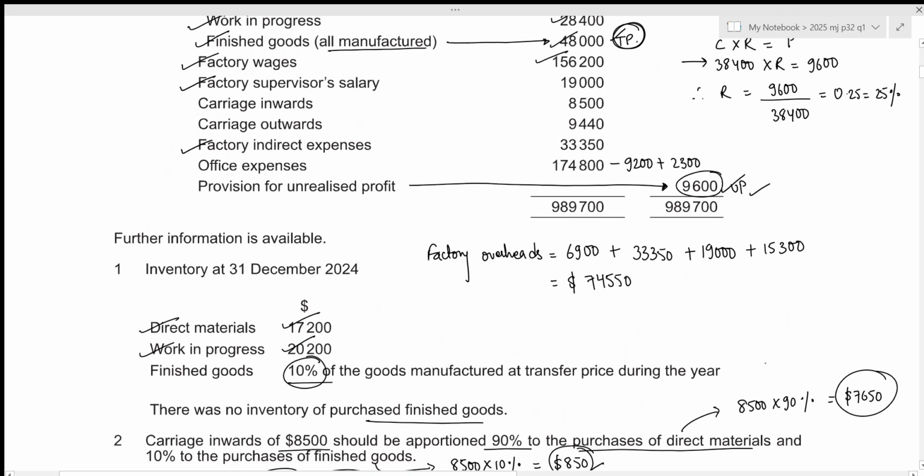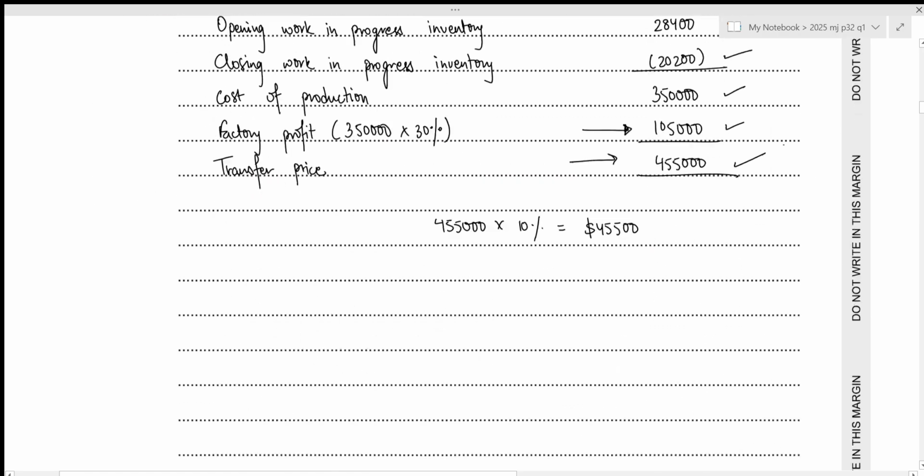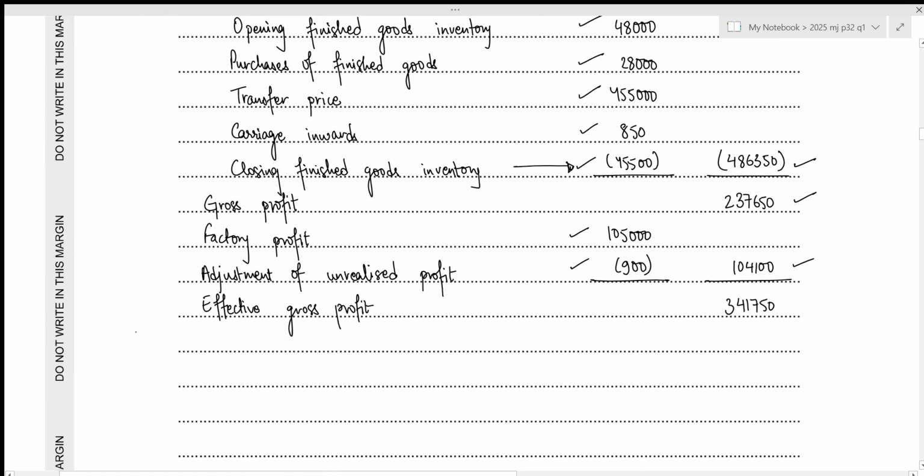Okay, I think we've already made adjustment to the office expenses. So that will be 174,800 minus 9,200 plus 2,300, which results in the value of 167,900. Let's write it down. So we have our office expenses, 167,900. Then we've also calculated the depreciation on office equipment.